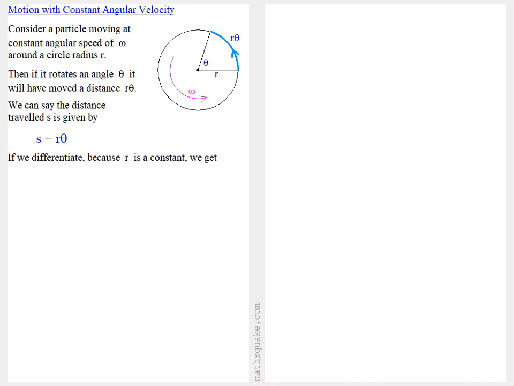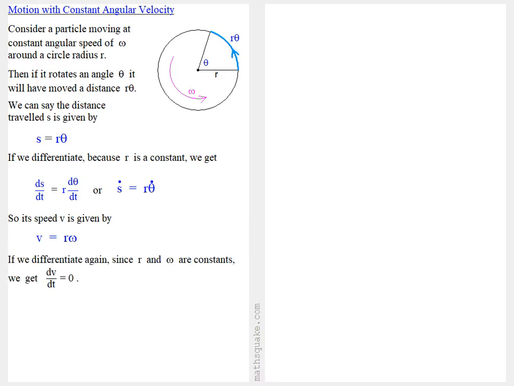And if we differentiate, because r is a constant, we get ds by dt equals r d theta by dt, or s dot is equal to r theta dot. So its speed v, which is s dot, is given by v equals r omega.